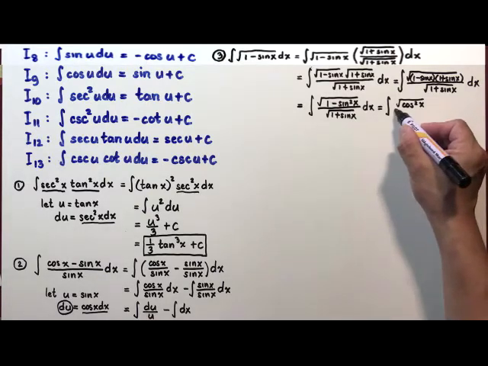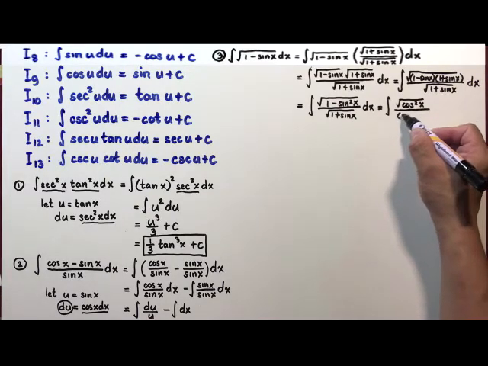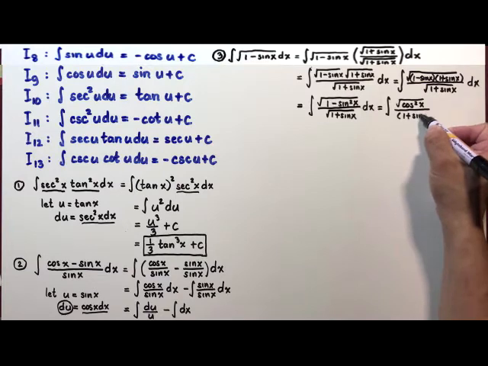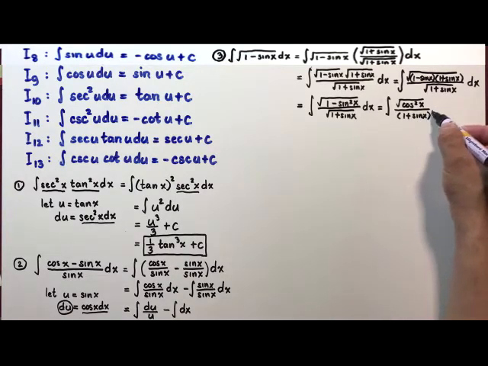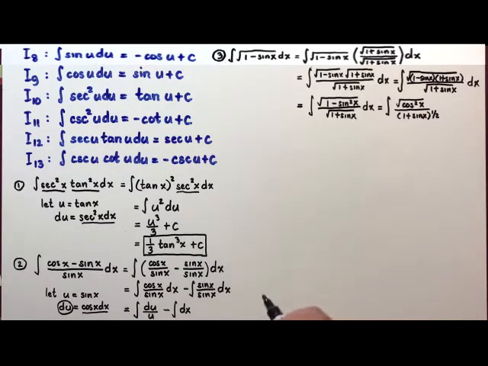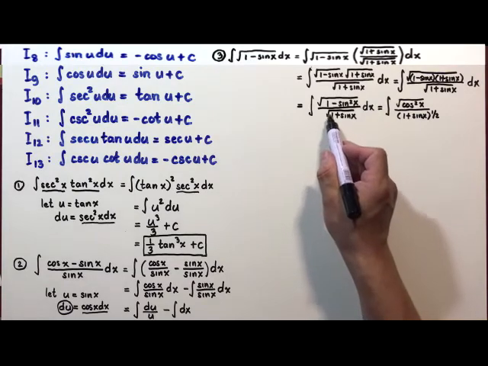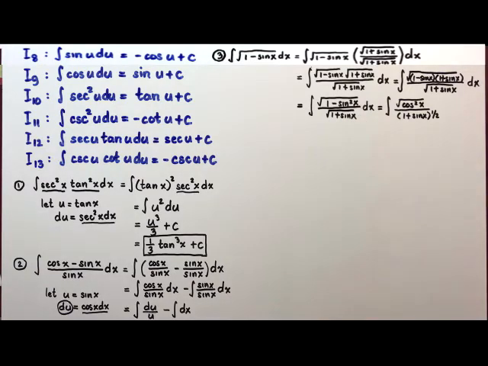And the denominator can be expressed as 1 plus sine x to the power of 1/2 when you want to express this radical term in exponential form. And we still have dx here.